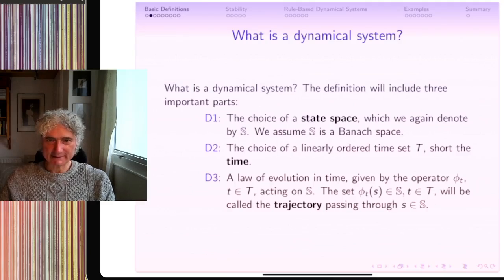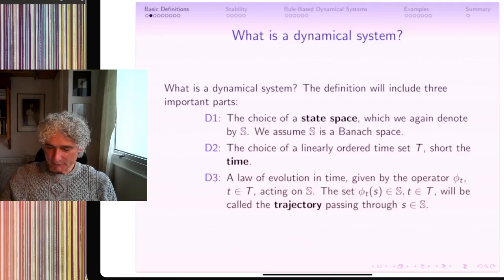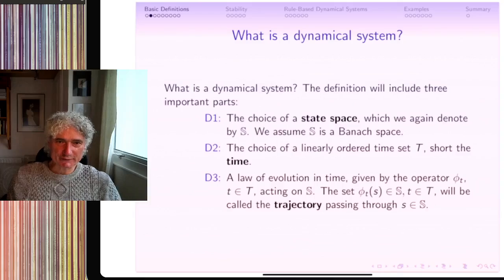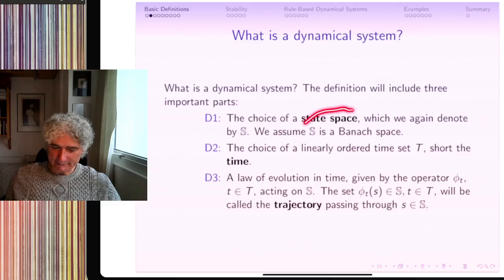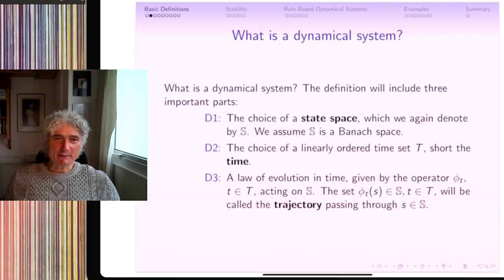So you have a state space, and as we will see, it is very important that you have a notion of distance in that space. So we assume here always that the state space denoted by S will be a Banach space.